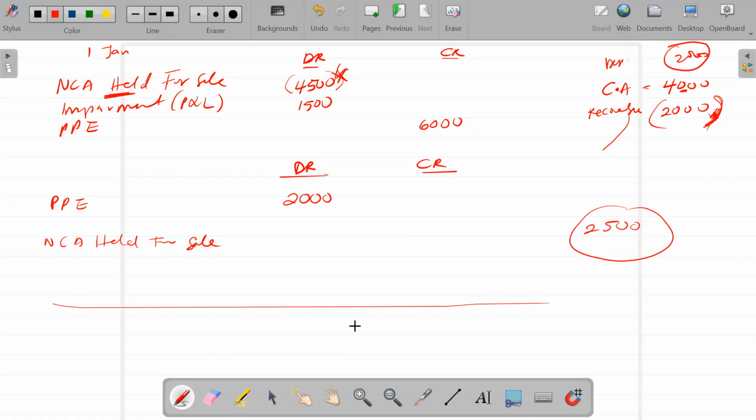So it should be something like, we'll credit non-current asset by 4,500, and then we'll debit, but we need to debit something. Do you get the idea? You said we need to debit something here at non-current asset.